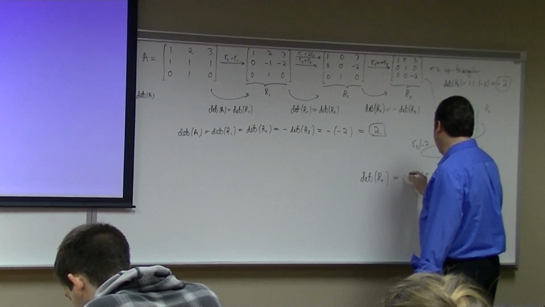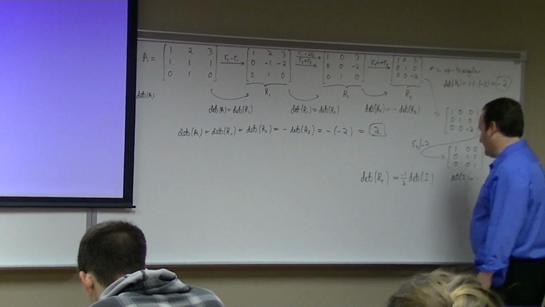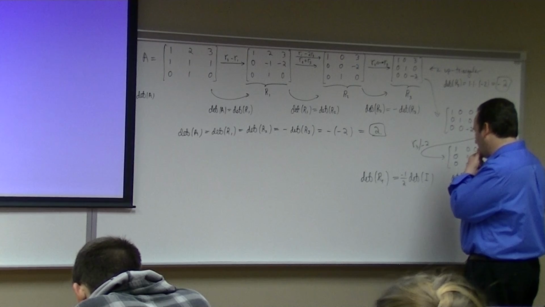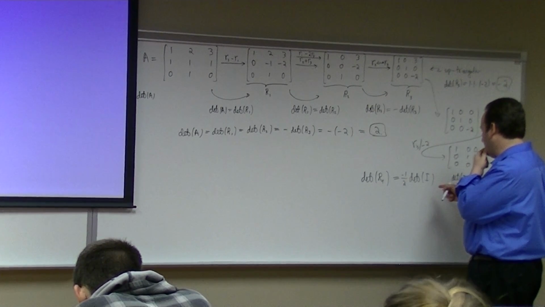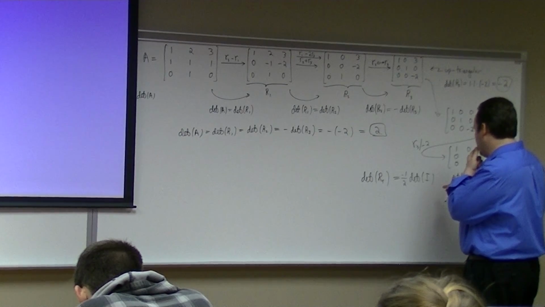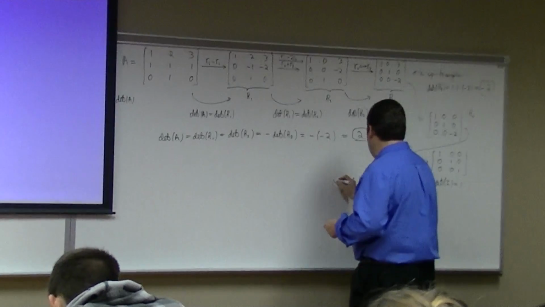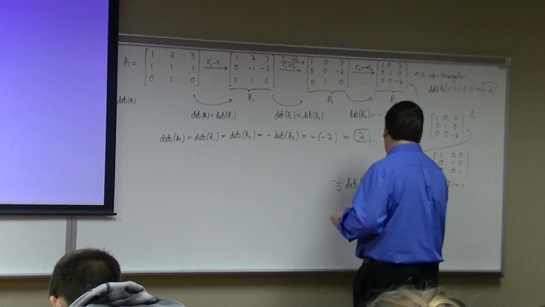So if it's multiplied by a constant, you have to basically make sure of that. I think I have to put 1 over that, so -1 over 2 times that determinant is equal to that.